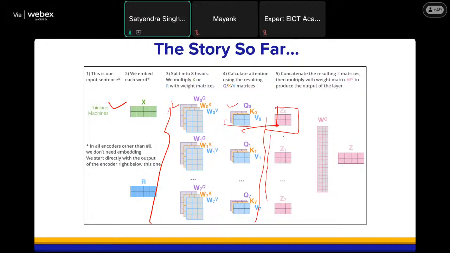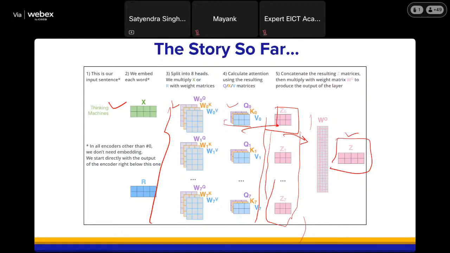You concatenate all the contextual embeddings and multiply with the weight matrix WO, which produces the output of the layer Z. Right. This is the computation that happens in one encoder layer.